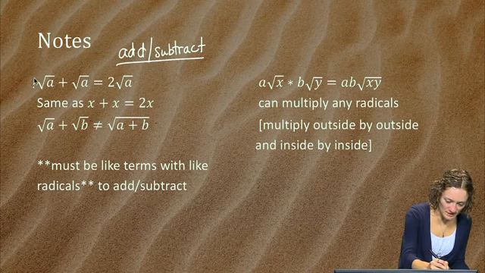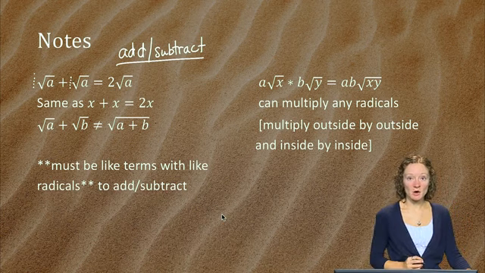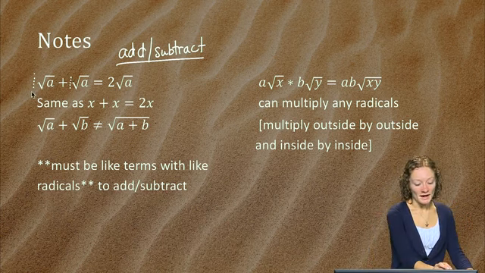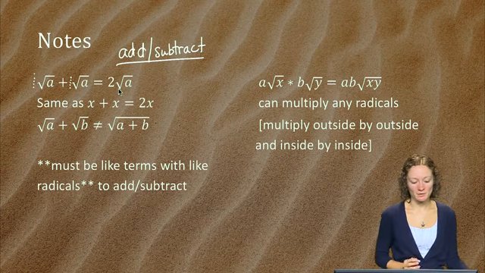So we don't see a coefficient on either of these given radicals, but you can assume that there's a coefficient of 1. And so when you add 1 square root of a plus 1 square root of a, they combine to be 2 square root of a.